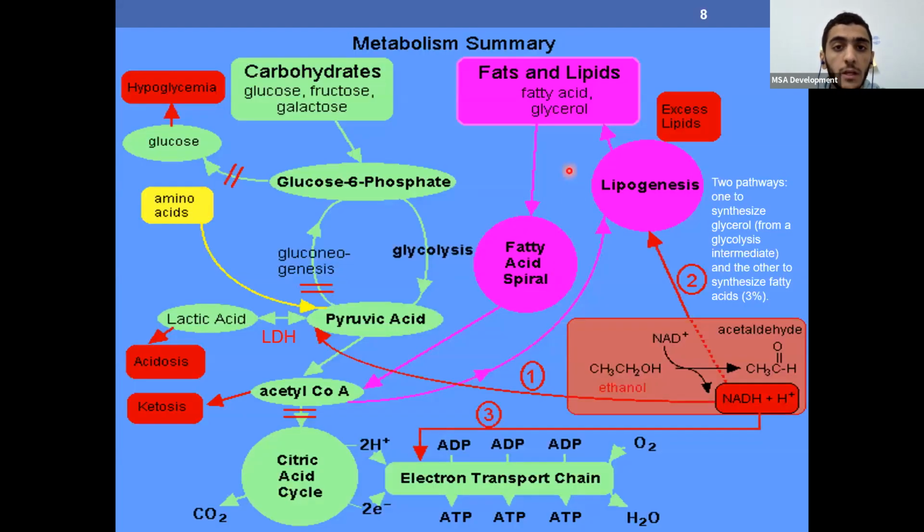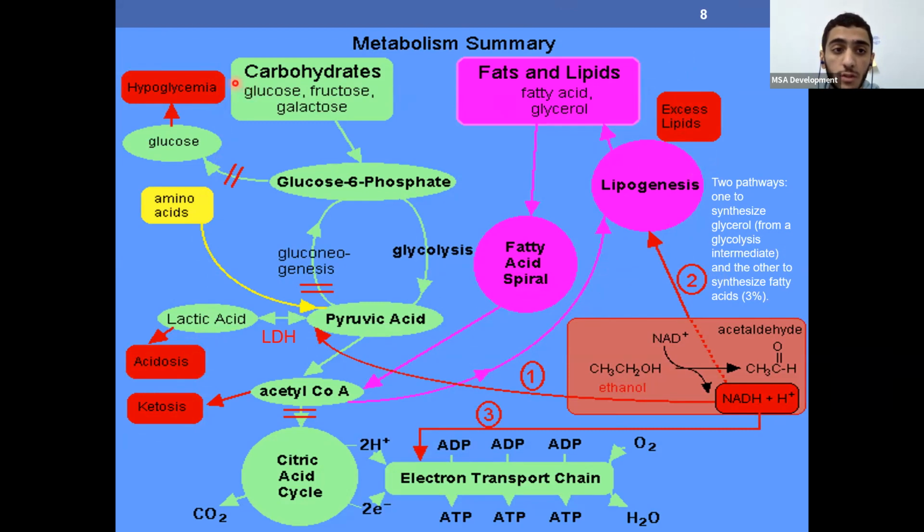Let's get to the most important part of the lecture, alcohol metabolism and the major pathway. In the next couple of slides, we're going to break down this process and describe how alcohol leads to lactic acidosis, ketoacidosis, hypoglycemia, and excess lipids.